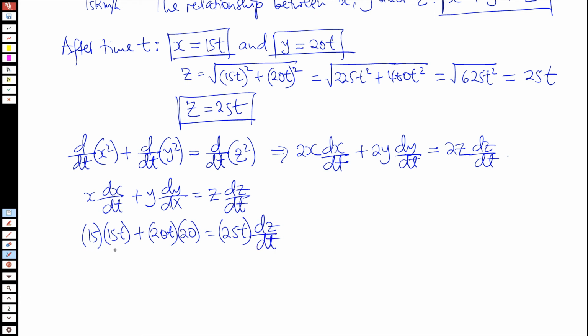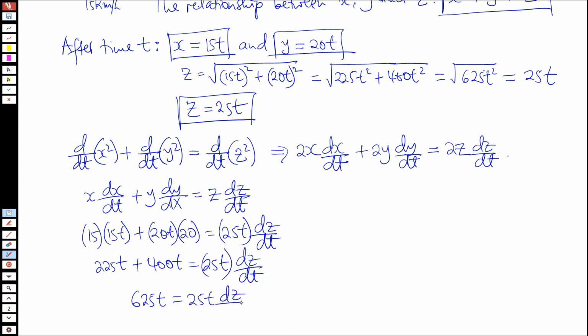So this will be equal to 225t plus 400t, which will be equal to 25t dz over dt. Now, if you add these two, you'll end up with 625t equal to 25t dz over dt.